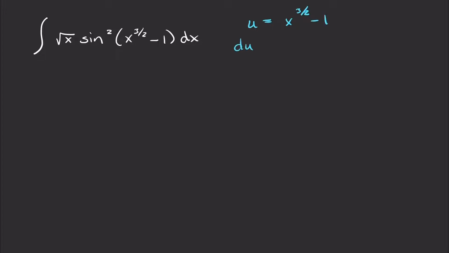And so our du, we're going to bring down our exponent, 3/2, and then decrease it, so 1/2 dx. And so this is going to give us square root of x dx, and I'm going to move my 3 over 2 to the other side, so it equals 2 du over 3. Okay, so now everywhere I see square root of x dx, I can replace it with 2/3 du.